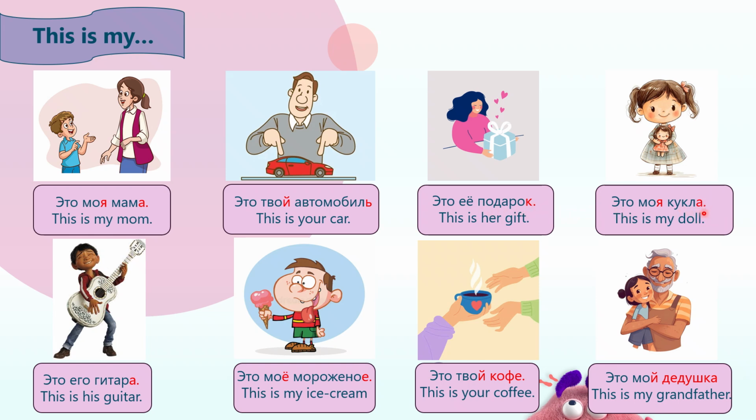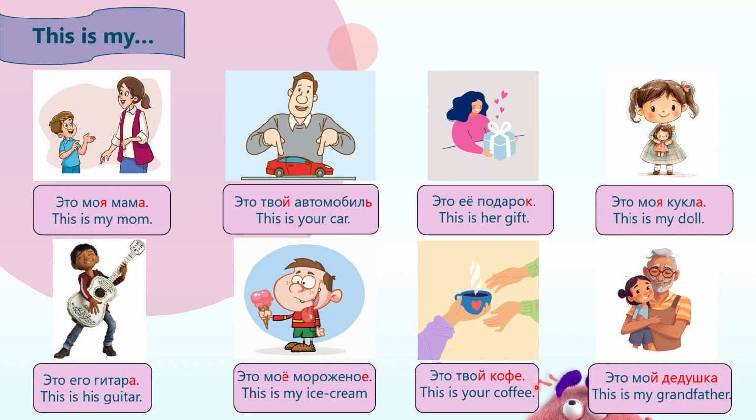Кукла ends with а, feminine gender, that's why we use моя. Это его гитара. Гитара ends with а, but in this case, gender is not important because его is used for all genders. Это моё мороженое. Е, neuter gender, that's why we use моё.